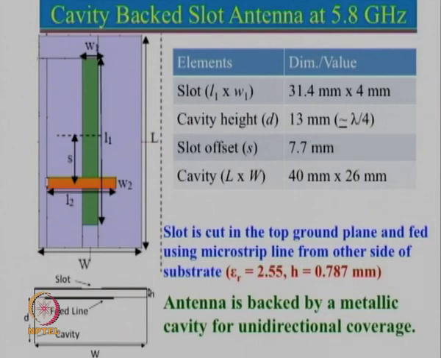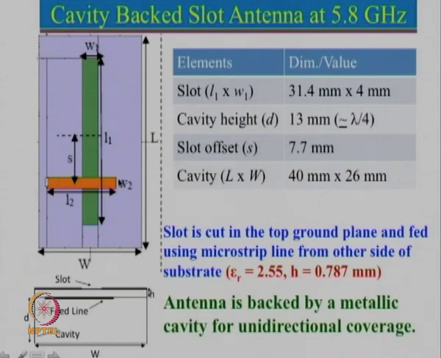So, what we have done here, let us look into this. We have taken a substrate, and on the top side of the substrate we have a metallic patch, and in it we have removed this rectangular slot. Okay. So, a rectangular slot has been cut of length L1 and width W1, and then a feed line is put on the other side here.